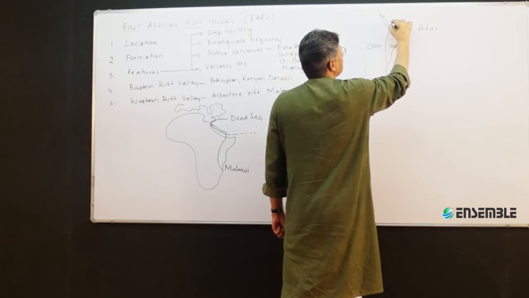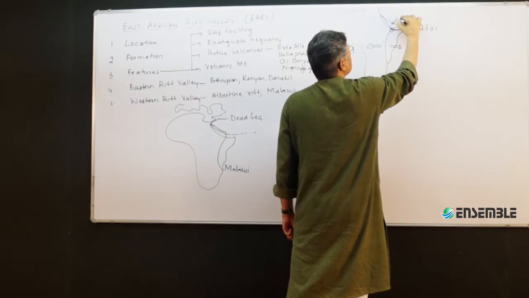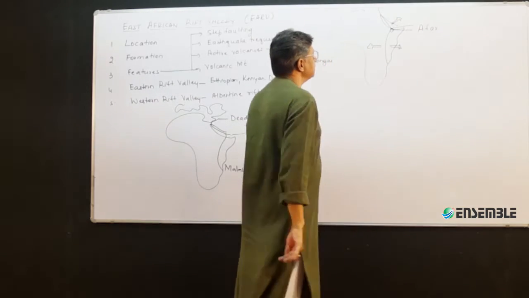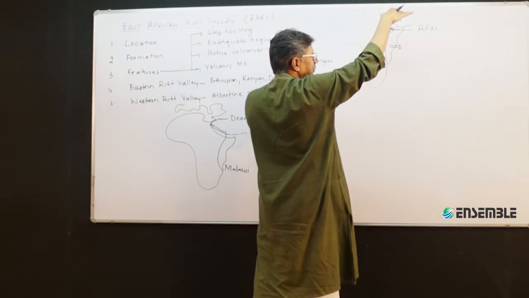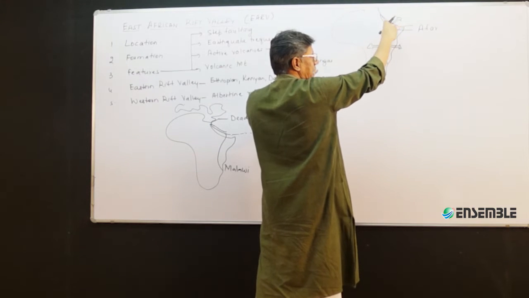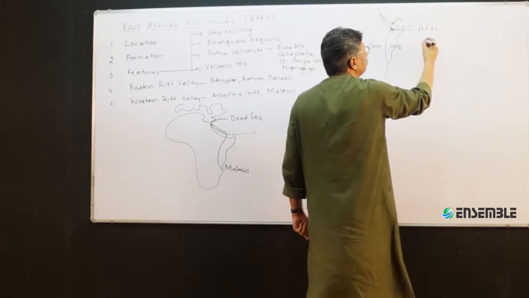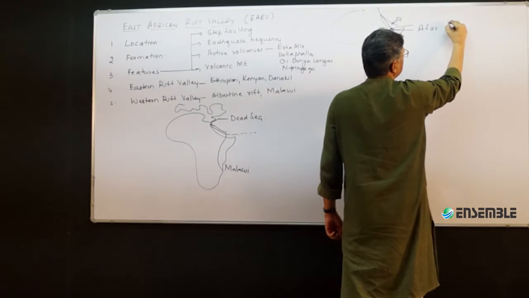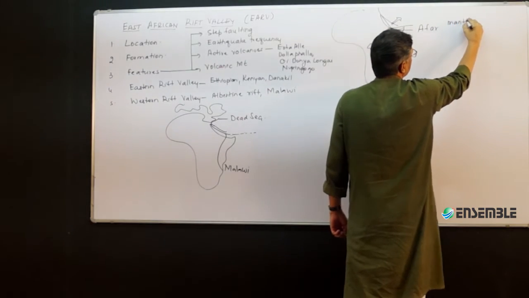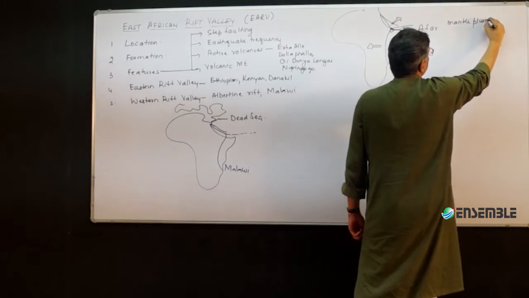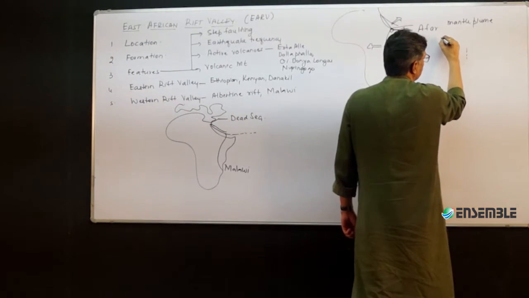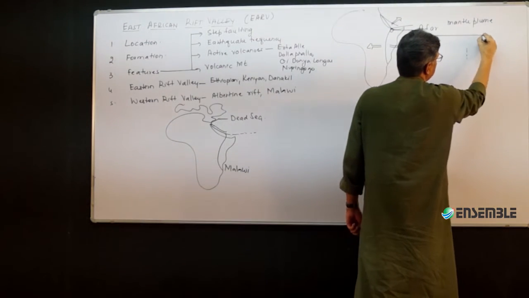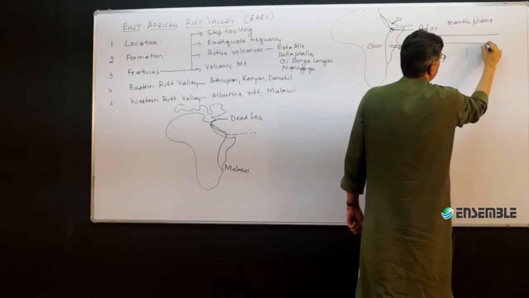That's the phenomenon that is taking place in this zone. That means the whole of this region has got uplifted, and it has got uplifted because it lies over a mantle plume. As it affects the whole of Africa, imagine this is the African plate.